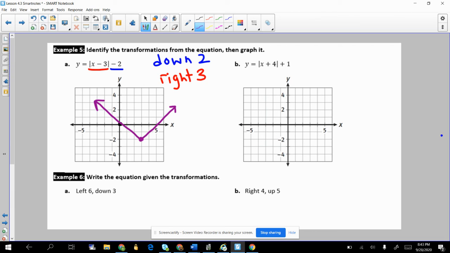Okay. So again, let's try this next one. We know that this is the original origin. And we know that this one moves up 1. And this one moves left 4.